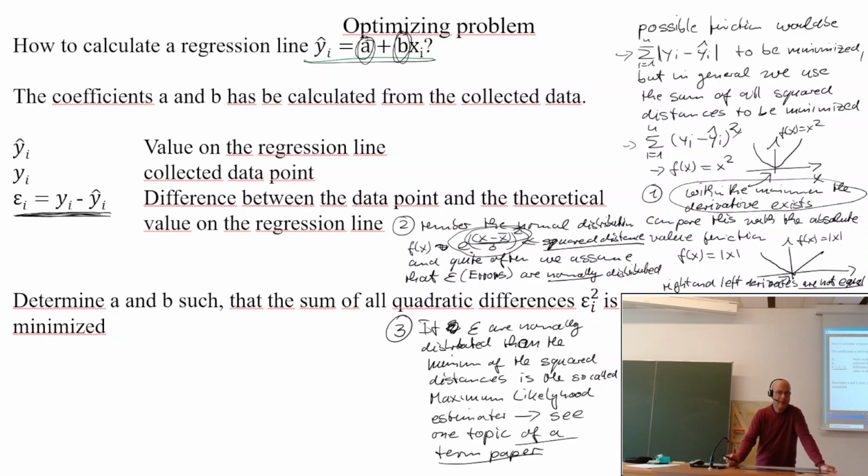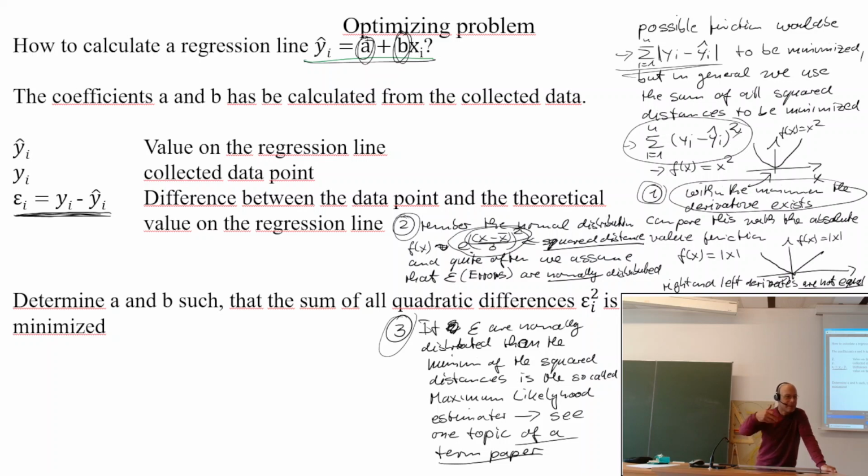Okay, so at least we have more or less 3 good reasons not to use the absolute value, but to use the squared distance. But you have to keep in mind, there can be, of course, situations where it is better not to use the squared distances, but another function to minimize.